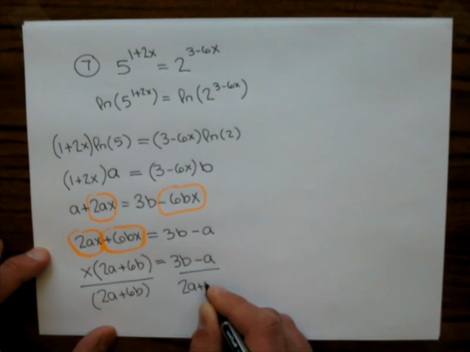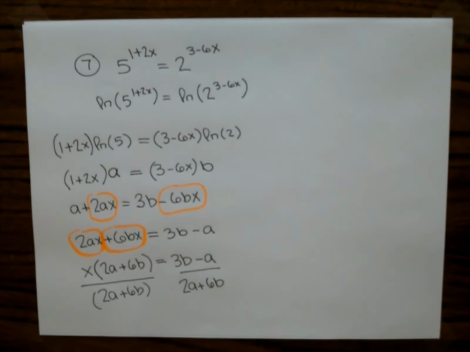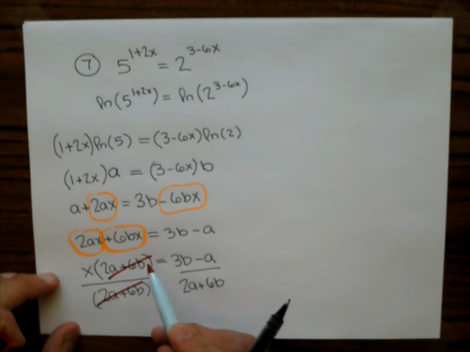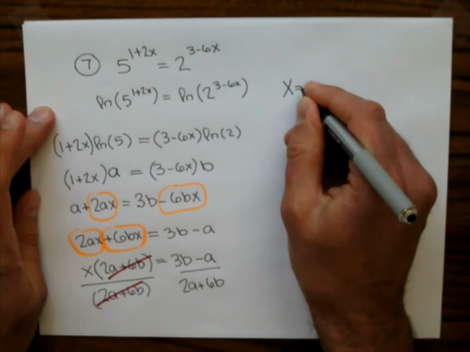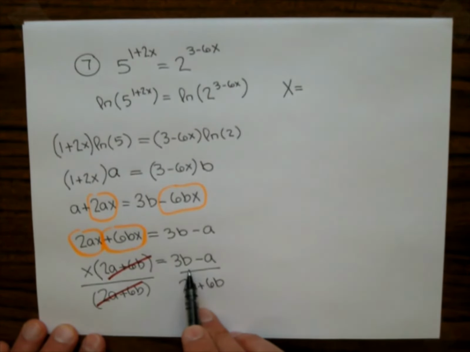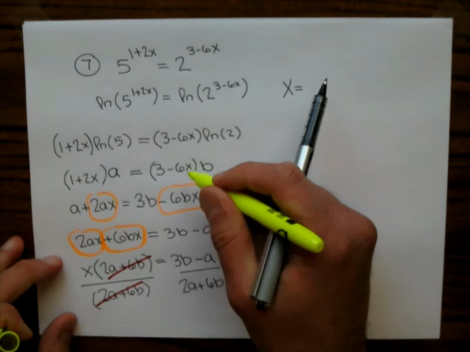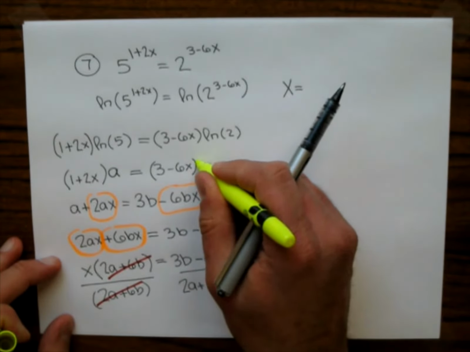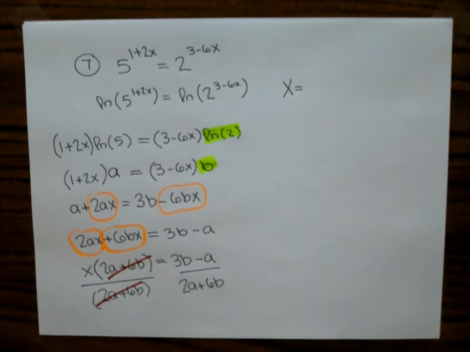What's going to happen is that those are out of there on the left, and I have this expression, 3b minus a over 2a plus 6b. Well, remember what b is. b is the ln of 2.